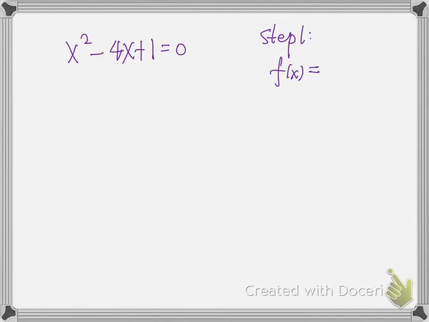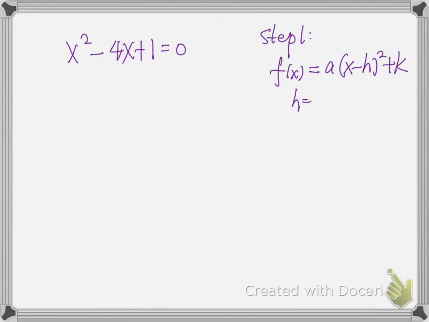So let's say we have x squared minus 4x plus 1 is 0. So step 1, we need f of x, the left hand side, changed to x minus h squared plus k.